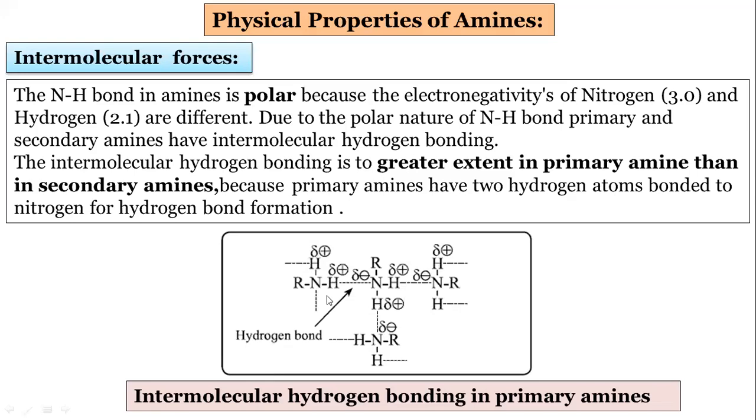And now I want to discuss tertiary amines. First, these hydrogen bonds are shown here. See, this N-H bond is polar. This is one primary amine, this is a second primary amine, a third, a fourth. So many primary amines are there. See, this hydrogen bonding is present between nitrogen and hydrogen.